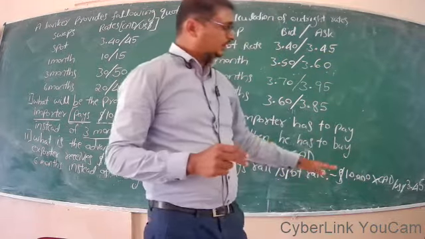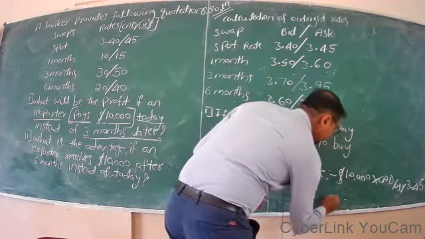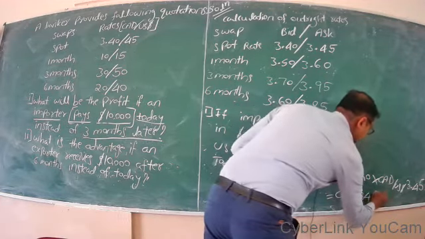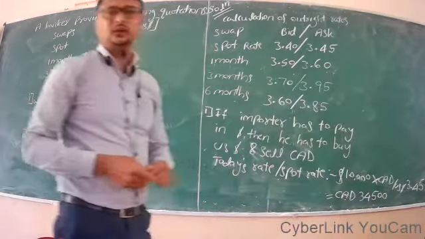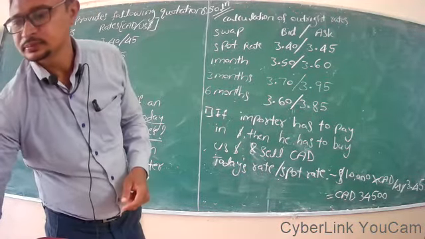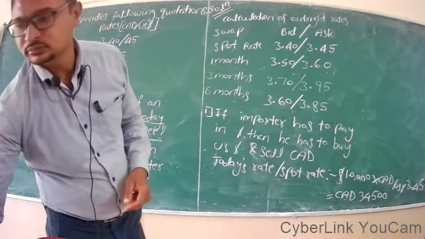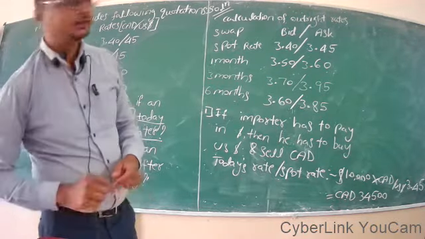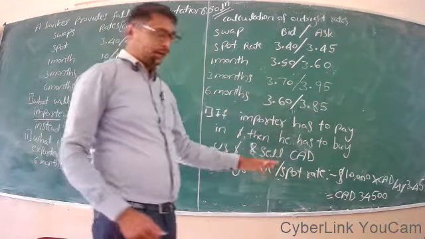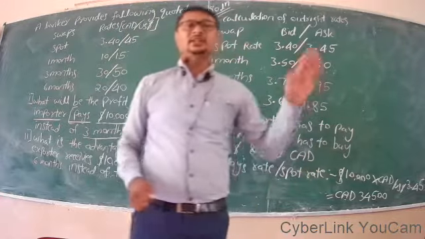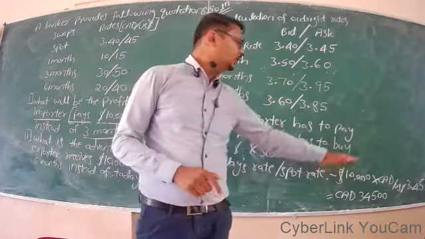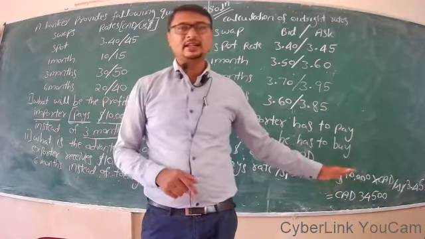So to buy 10,000 US dollars, he has to pay 34,500 Canadian dollars. If he buys $10,000 today, he has to pay 34,500 Canadian dollars.